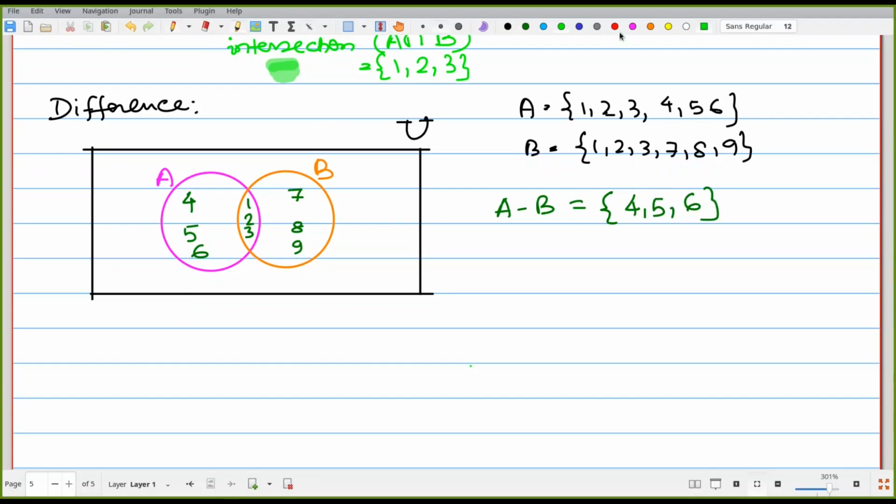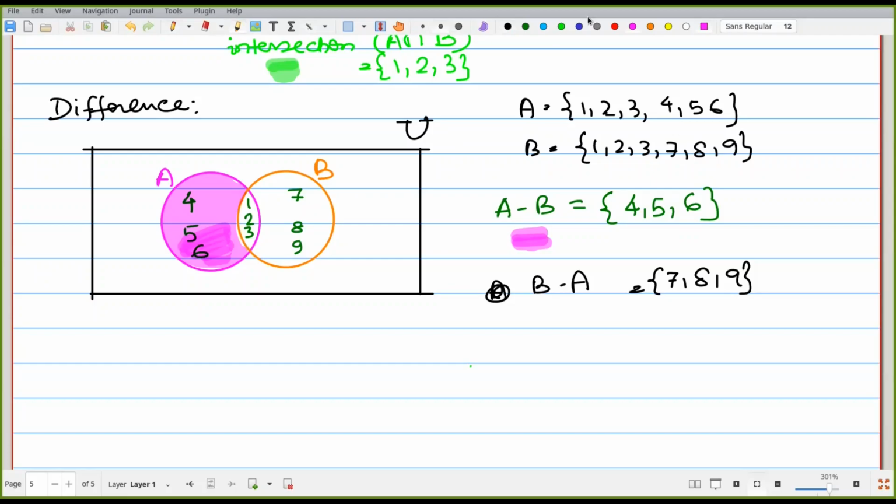So draw that one. So which one is our difference of A minus B? Whichever I have drawn using the pink color, that is our A minus B. Same as, suppose we want to check B minus A. That means 7, 8, 9.